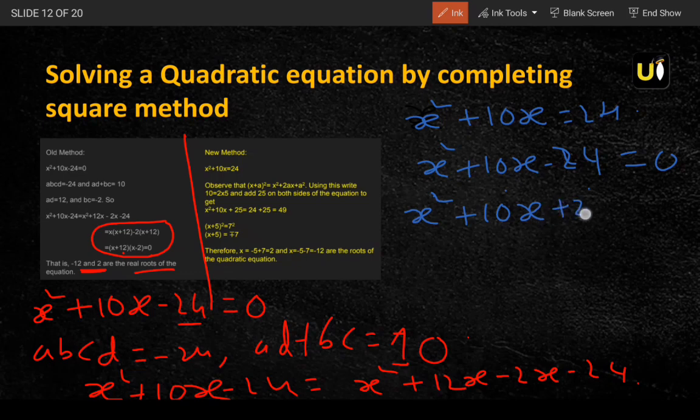That means a might be 2. That means here we try to convert it into x plus 2 whole square form. So this is how we get the idea. Remember this is in the form 2 into 2x, so a might be 2.